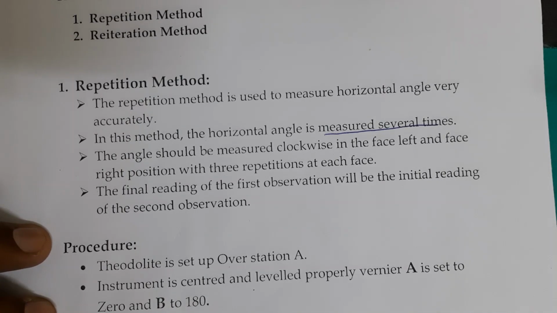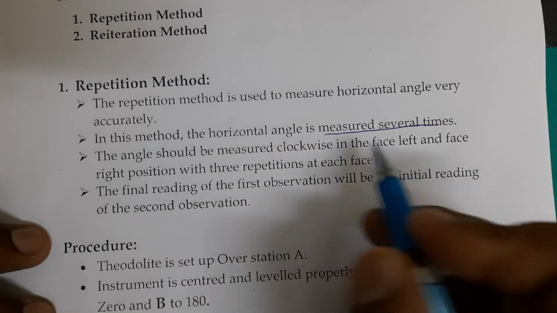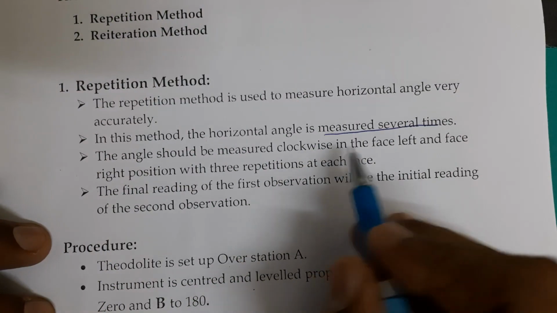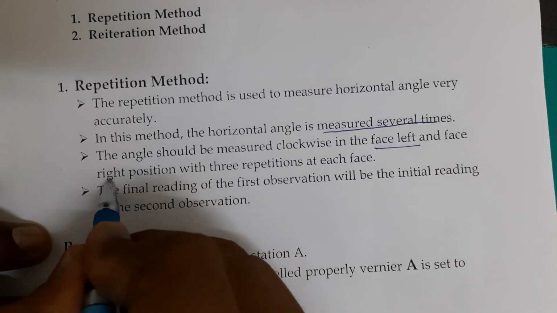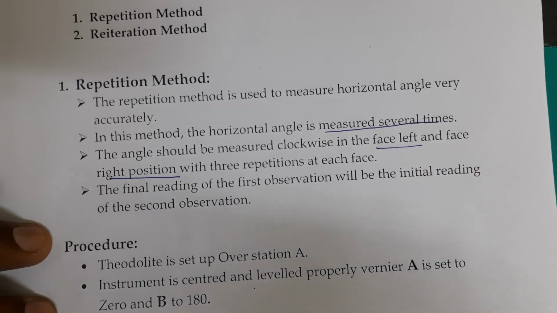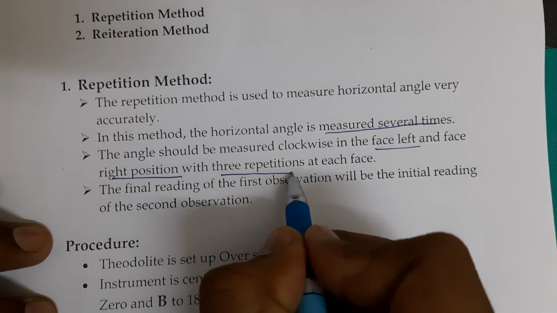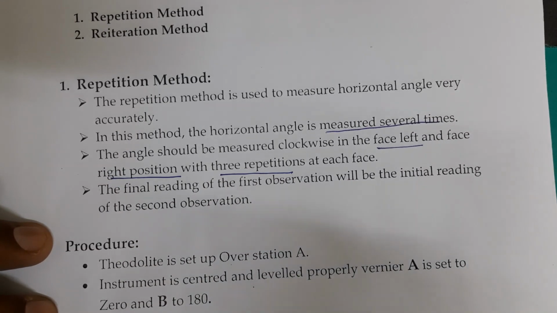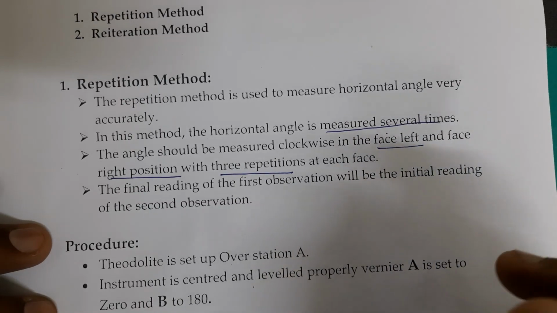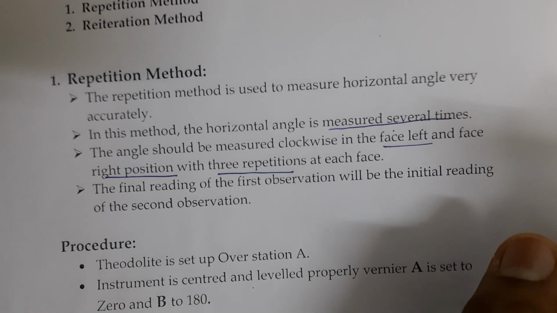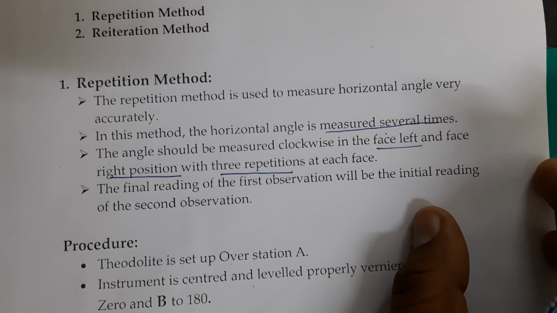After that, the angle should be measured clockwise in the left face and the right face position. You can repeat 3 times, so it is 3 repetitions at each face. You need to perform this procedure of repetition in the face left and also in the right face position.